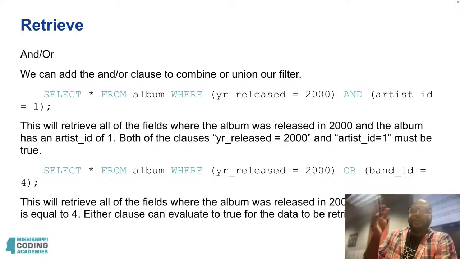Along with that, this is where it gets really cool, and you've got to really understand how to break apart these statements. We can combine our filters. So if we look at this, we say select all from album where year released is equal to 2000 and artist ID is equal to 1.